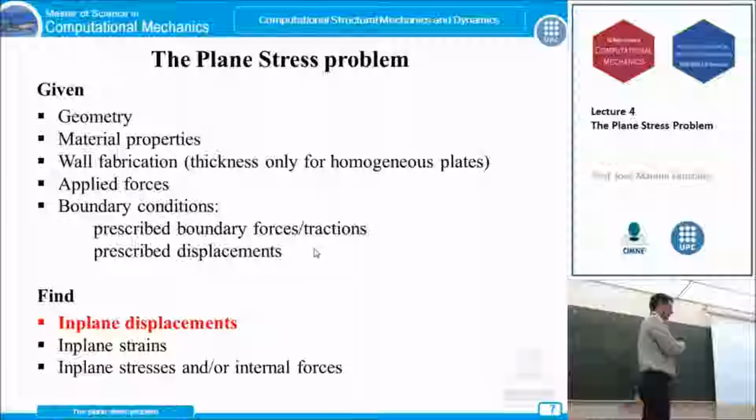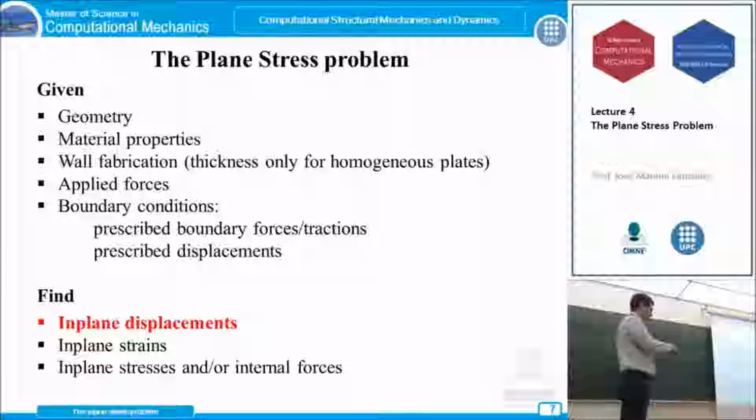Body forces are acting in the body of the plate. Interactions are forces acting in the boundary domain, and this prescribed displacement, usually in this boundary domain, tau sub u, we have explained before. Our problem consists in finding this in-plane displacement.